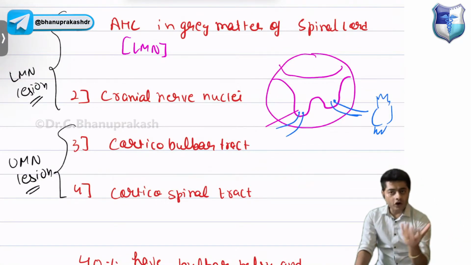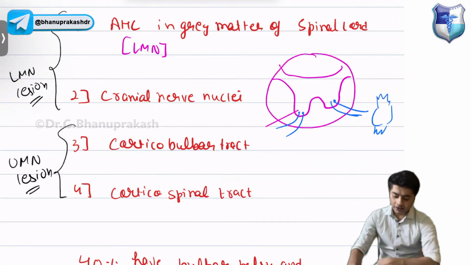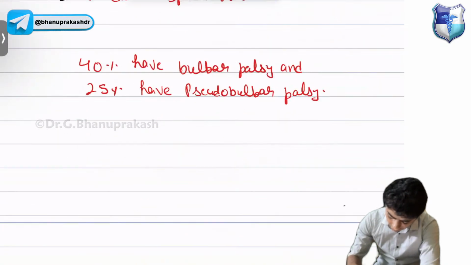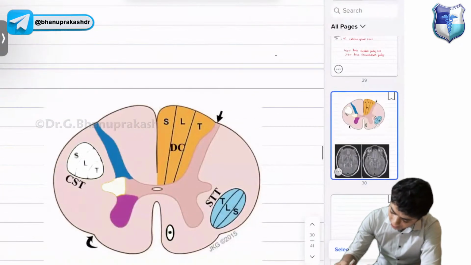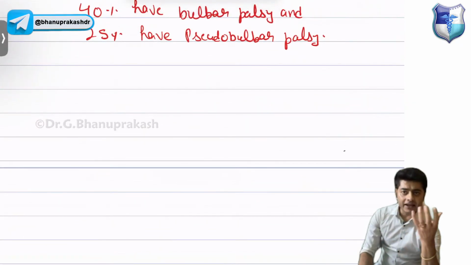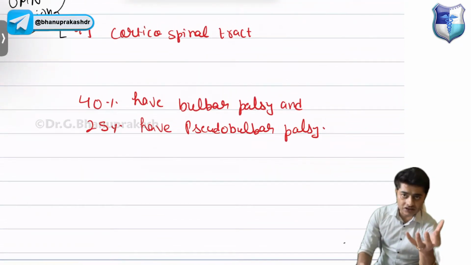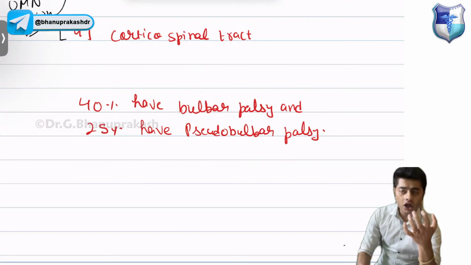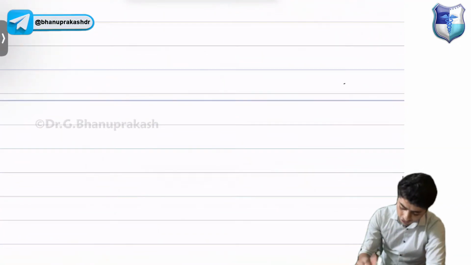If corticobulbar and corticospinal tracts are involved, it is UMN. Suppose in amyotrophic lateral sclerosis your corticospinal tract is involved.